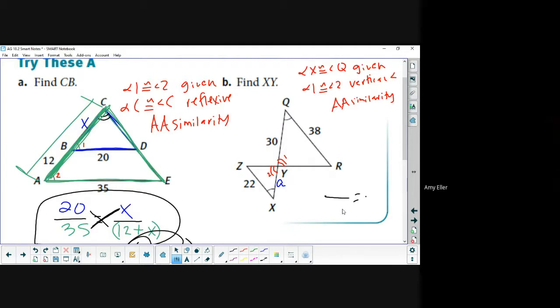Now we're going to compare some sides. Lydia, pick a number, or you can pick A if you want. A. Okay. She wants to start with A. Look what A is next to and find what it goes with in the other triangle.